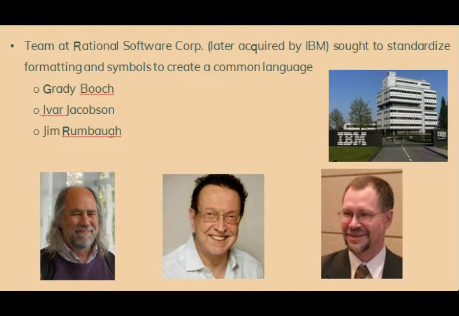So the idea behind UML was to provide a single standardized formatting and standardized set of symbols in order to create a common language. The people who did this were Grady Booch, Ivar Jacobson, and Jim Rumbaugh. These three were a team at Rational Software Corporation, which was later purchased by IBM, also known as International Business Machines.